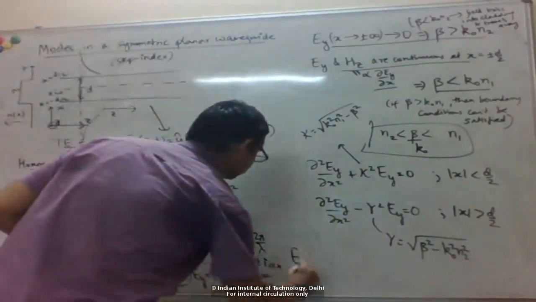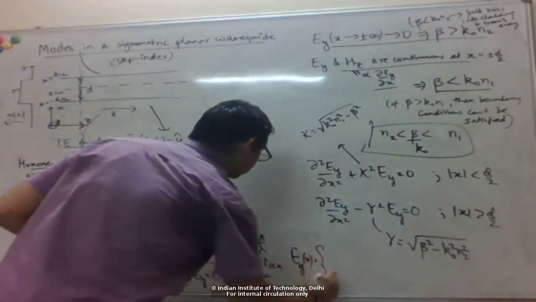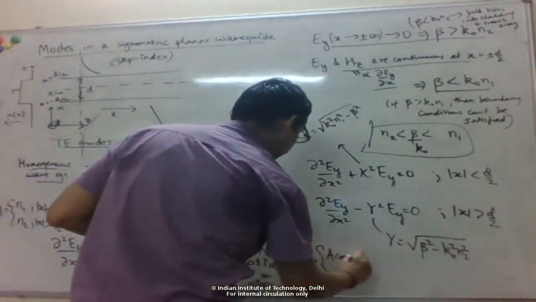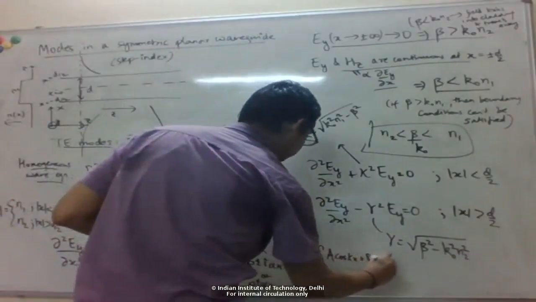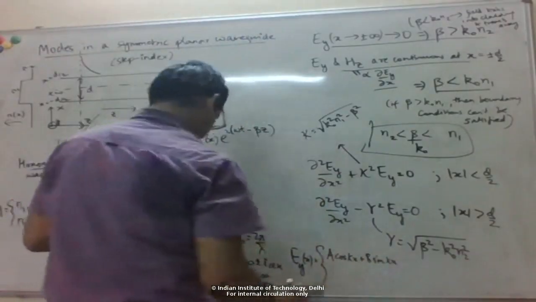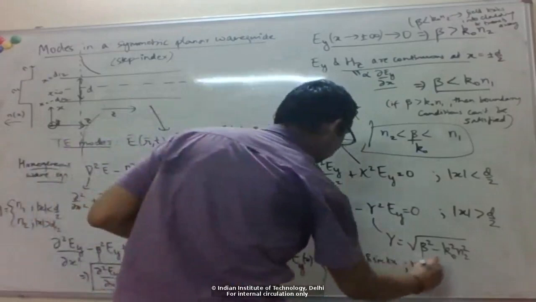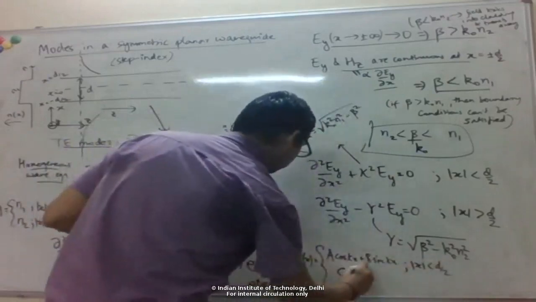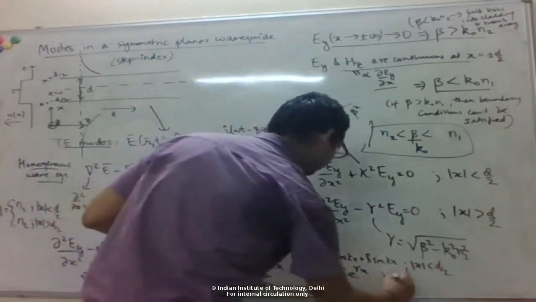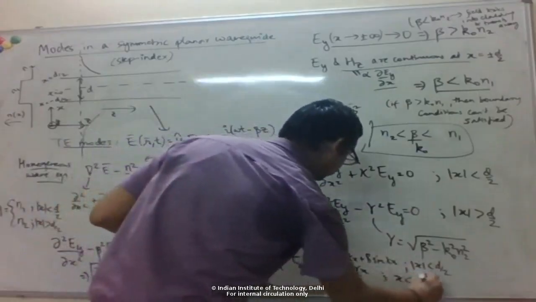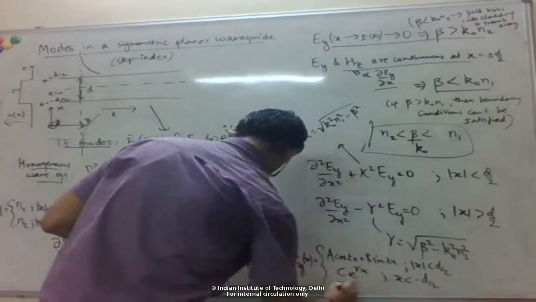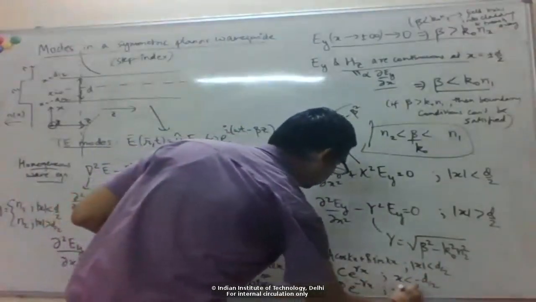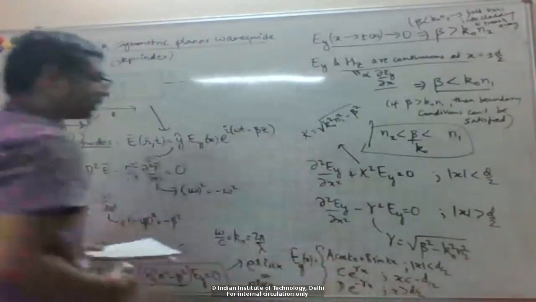Right, so I can write the solutions like this: superpositions, let's say sine and cosine in the core, and then exponential in the cladding.